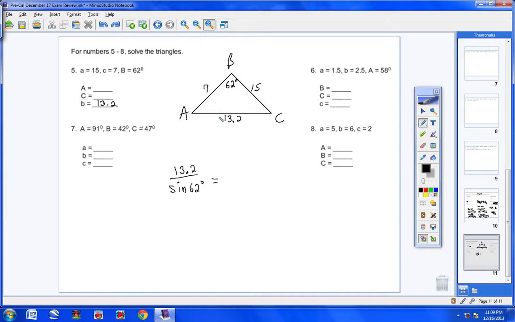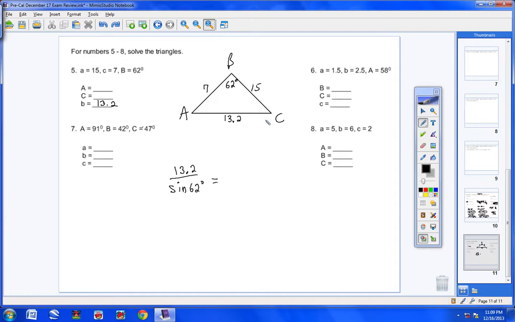Remember, the smallest angle will always be across from the smallest side. Here's 7 and here's 15. 15 is bigger than 7, so this angle across from 15 is going to be bigger than this angle over here. So you can use law of sines as long as you solve for the smallest remaining angle. Out of the two remaining angles, solve for the smallest one.